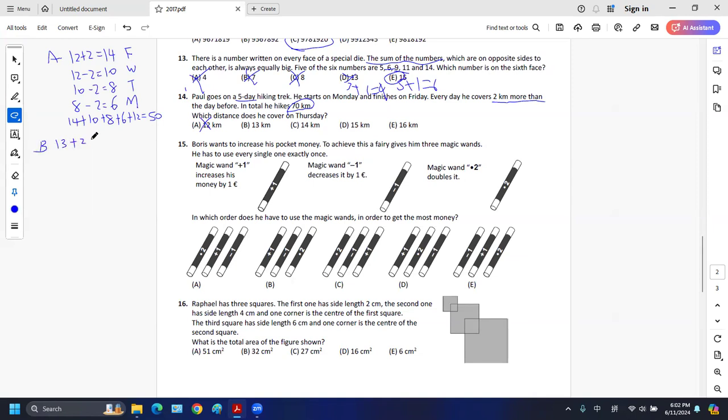13 plus 2 is 15, which is Friday. 13 minus 2 is 11, Wednesday. 11 minus 2 is 9, Tuesday.